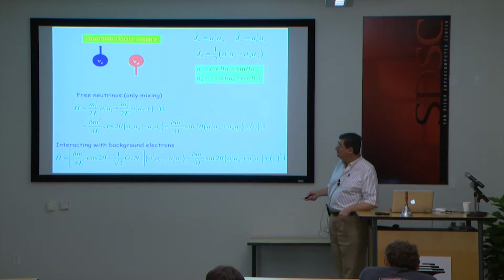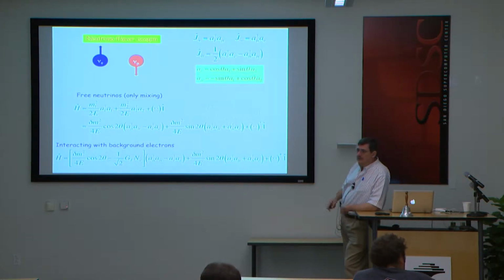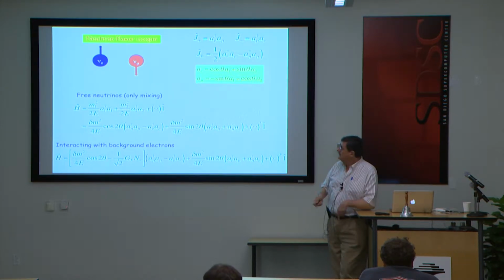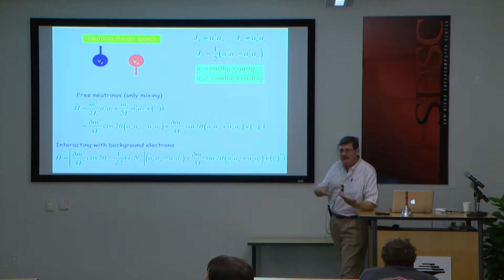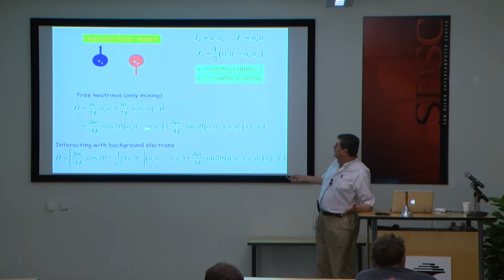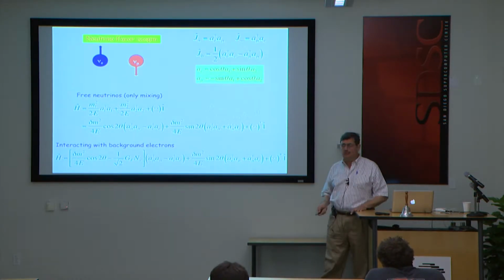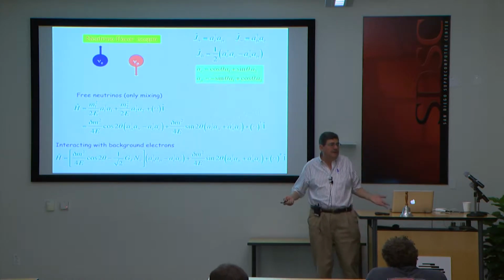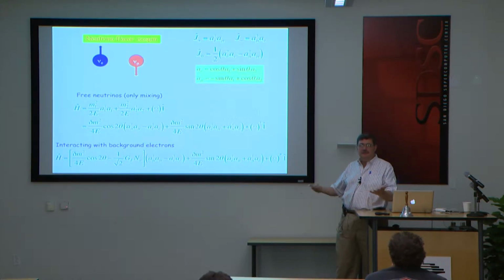If I take out an identity from the Hamiltonian, A1 dagger A1 is the number of neutrinos with mass eigenstate M1, and A2 dagger A2 is the number of neutrinos with mass eigenstate M2. The energies of those neutrinos are M1 squared over 2E or M2 squared over 2E. So you can write down a free neutrino Hamiltonian in that way.